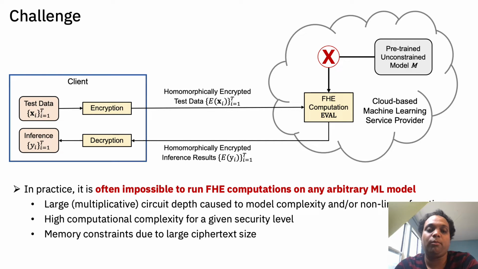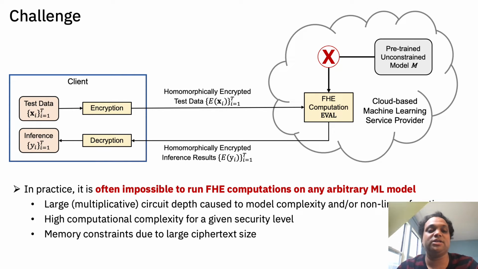Well, fully homomorphic encryption is great with evaluating low degree polynomials, but when it comes to very deep circuits such as nonlinear, non-polynomial functions, it becomes really inefficient or close to impossible to evaluate these functions exactly.